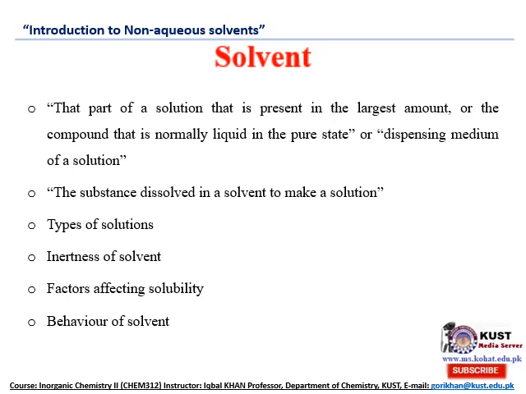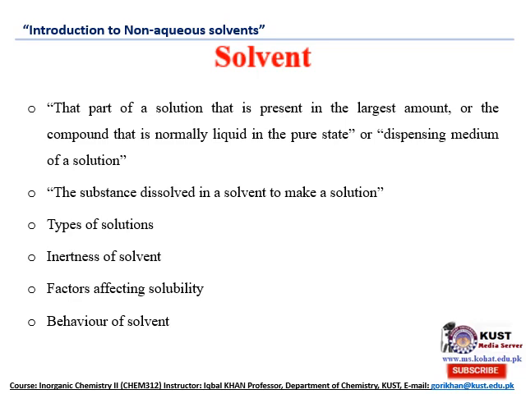Then this is the first condition, and then there are certain factors which affect the process of solubility. Why are we interested in these factors? The reason is, if we know these factors, we can make a good choice of a solvent which is suitable for our requirement. Then there is the behavior of solvent.